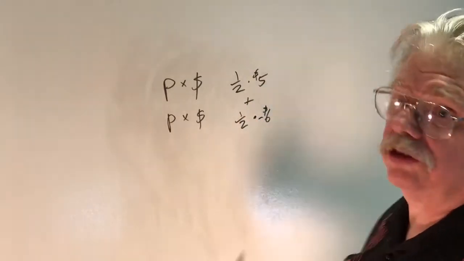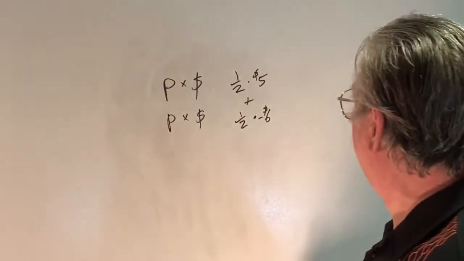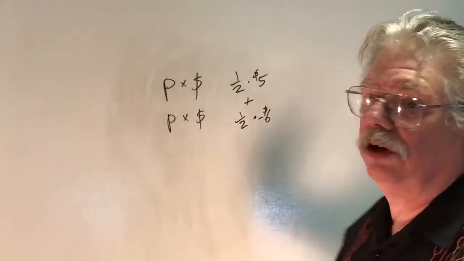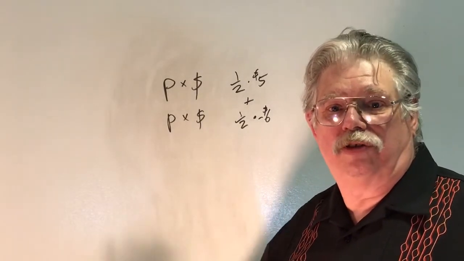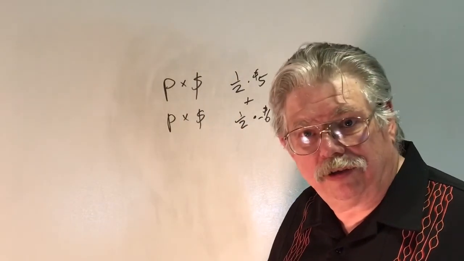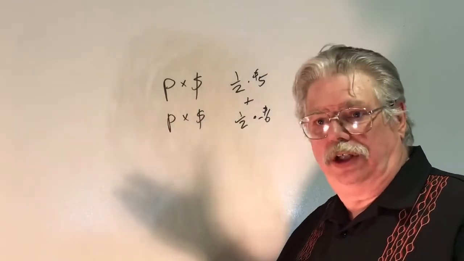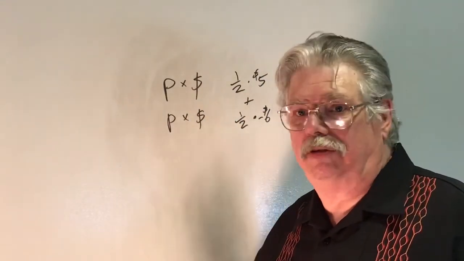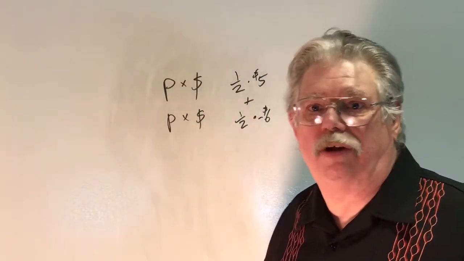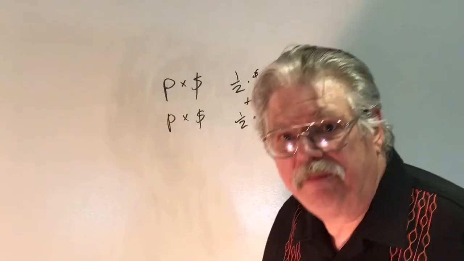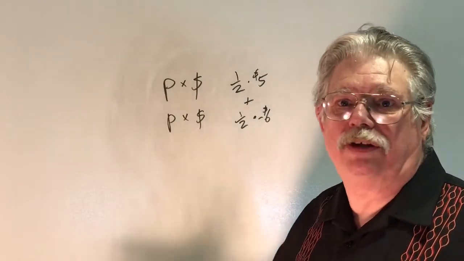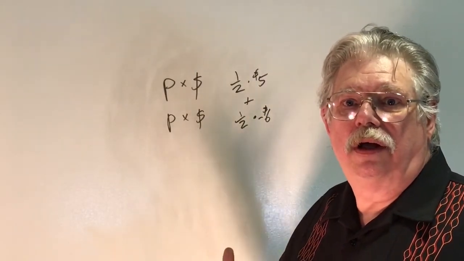So you add these up, and this is $2.50 minus $3, so you're losing 50 cents. Your expected value is a loss of 50 cents on every toss. And when you look at that, you go, okay, well, gee, if I could play this game 1,000,000 times, I'd lose $500,000 on average. So that allows you to calculate the expected value of any run of games.